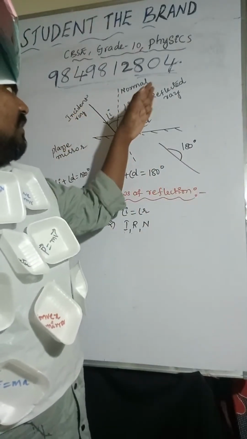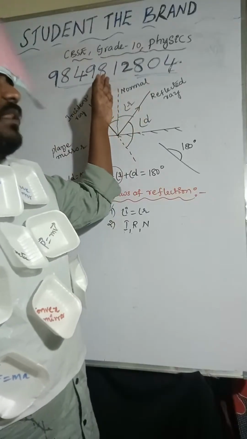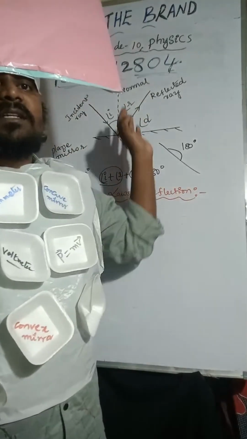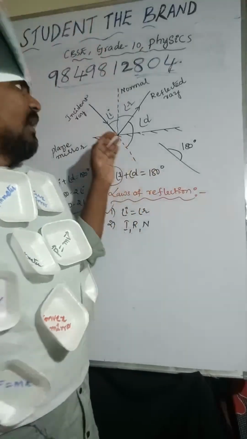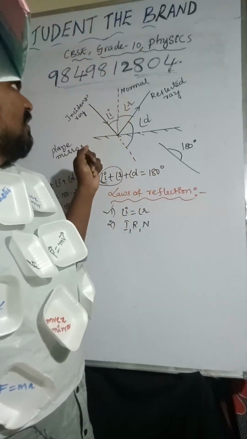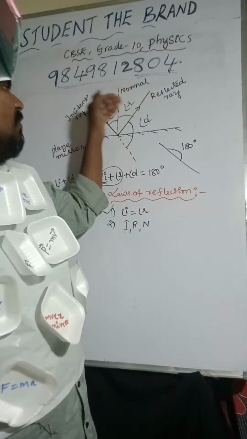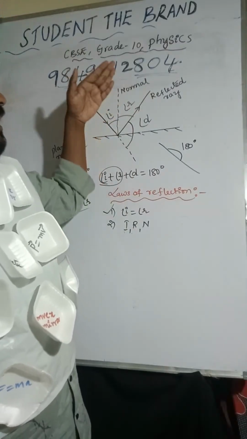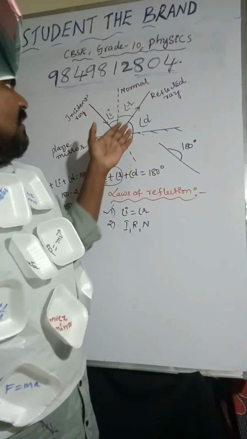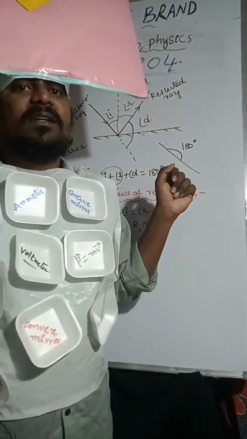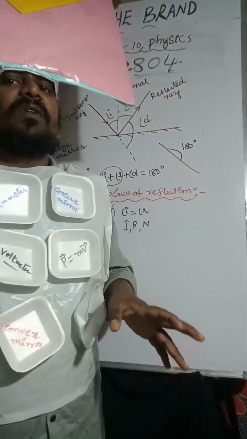The light which is reflecting back is called the reflected ray. The light ray perpendicular to the plane surface is called the normal line. The angle between the incident ray and the normal line is called the angle of incidence. The angle between the reflected ray and the normal line is called the angle of reflection. The angle between the reflected ray and the undeviated line is called the angle of deviation.